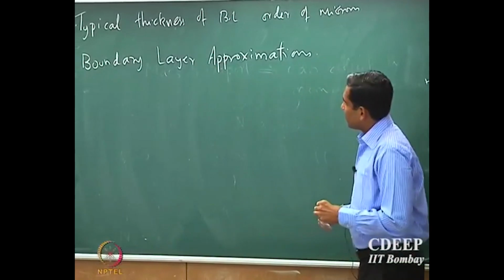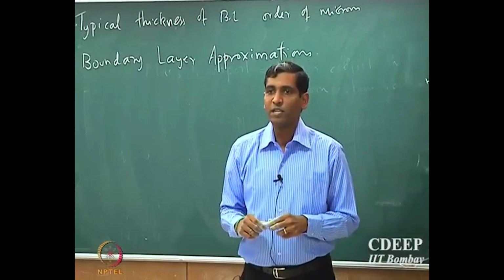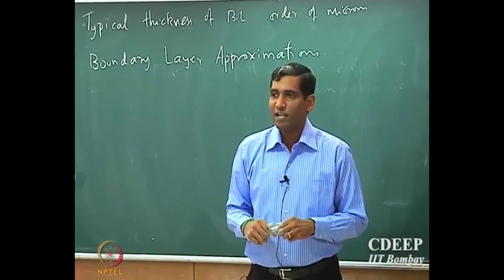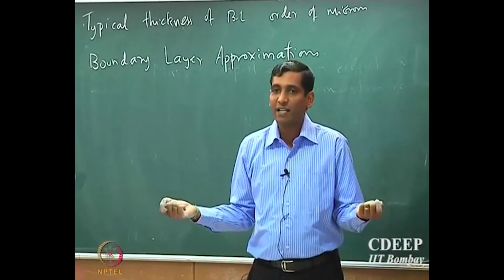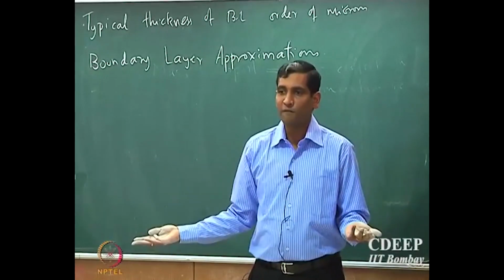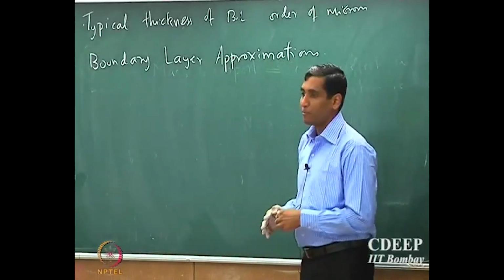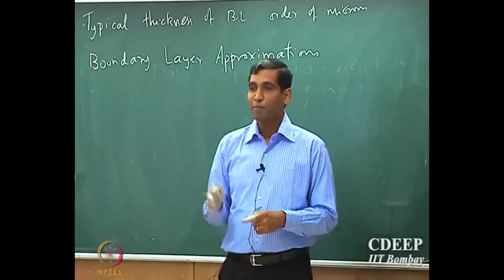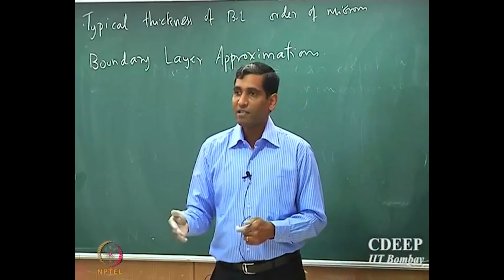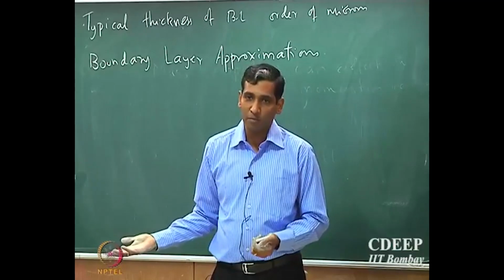So the boundary layer approximation: if we know that there is so much disparity in the length scale of the boundary layer compared to the actual length of the system that you are looking at, one could make certain approximations. Note that these are approximations, and we make them so that we can get some insight as to what is happening in this problem.